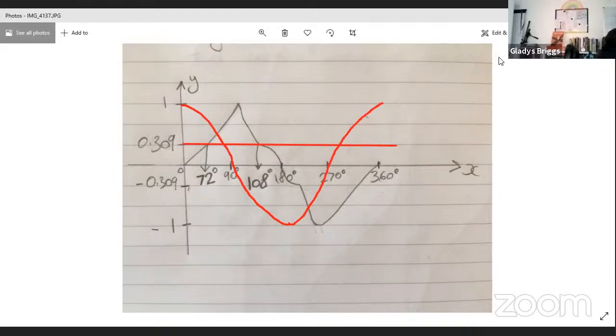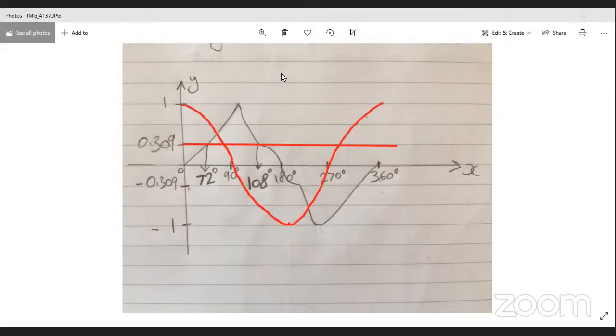Okay, from your calculator, what is cos inverse of 0.307? It's 72. 72, yeah.